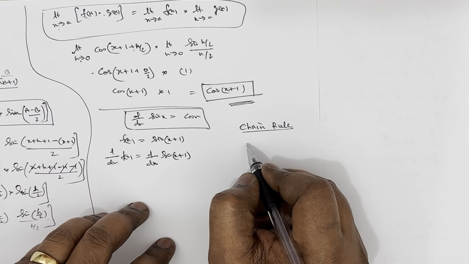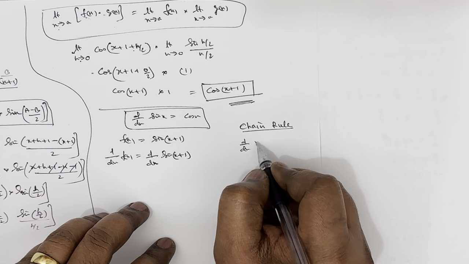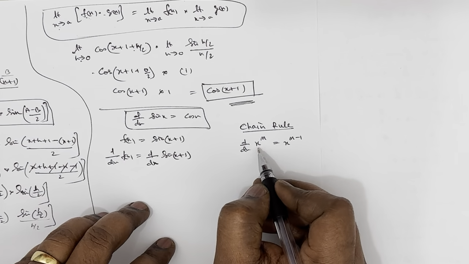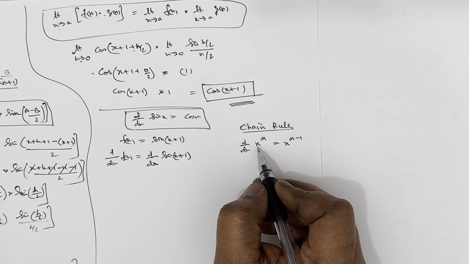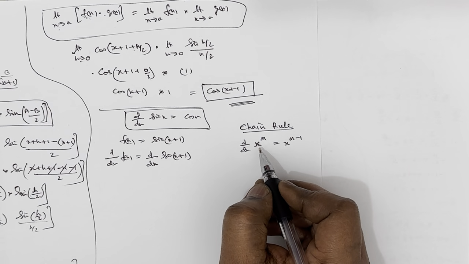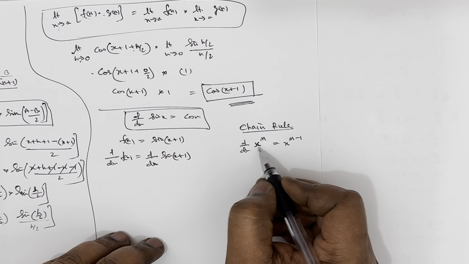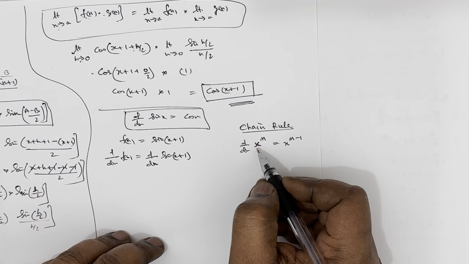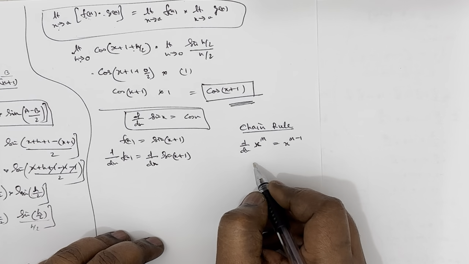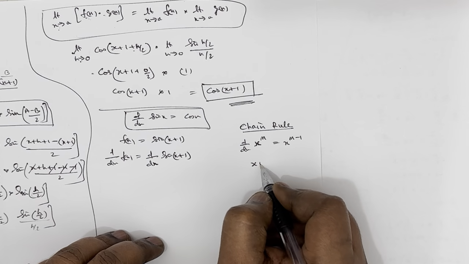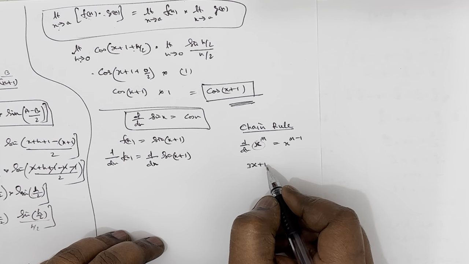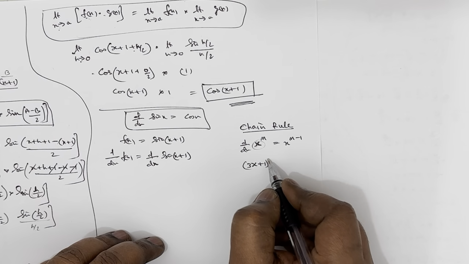You have the power rule: d by dx of x to the power n is n times x raised to n minus 1. Here the variable is a single variable. What if this x is a linear or a quadratic expression, for example 3x + 1 whole power n?